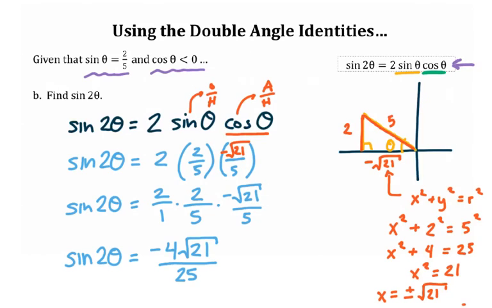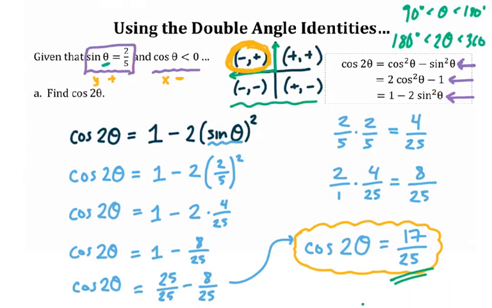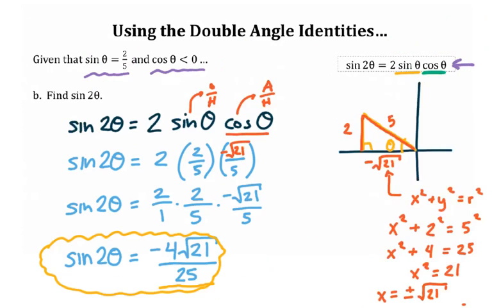And that doesn't reduce, so that would be a great way to leave our exact answer for sine of 2 theta. So what really matters in this process, again, is coming up with the exact fraction, like what we just found right here for sine of 2 theta, and what we found a few moments ago for the cosine of 2 theta. But just like we thought about earlier, I'd love to discuss how do we know that this answer for sine of 2 theta is good?